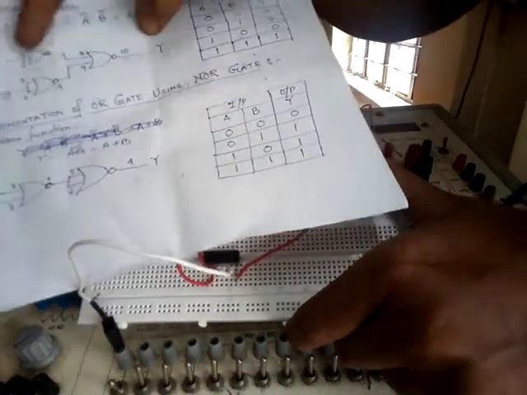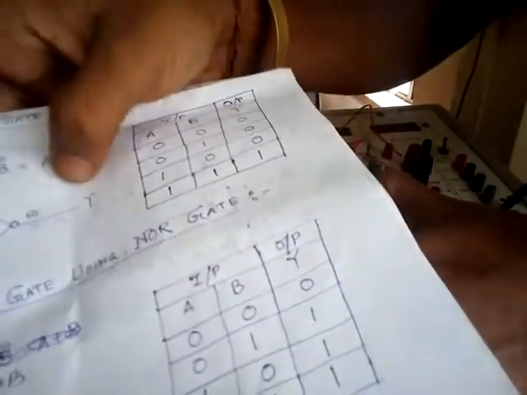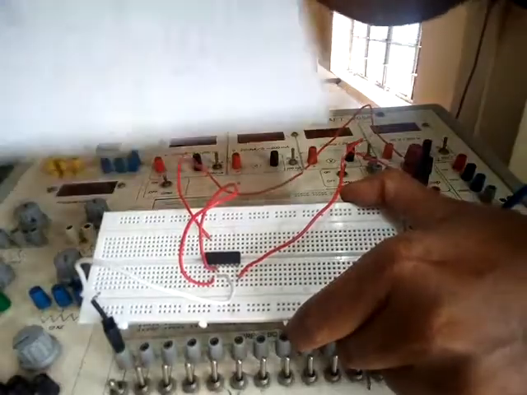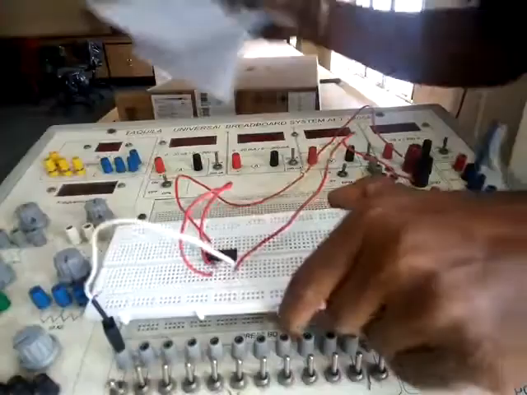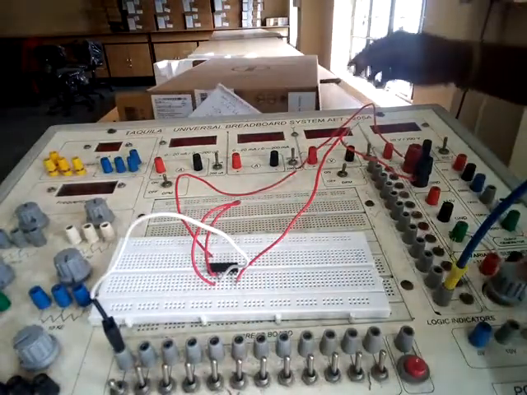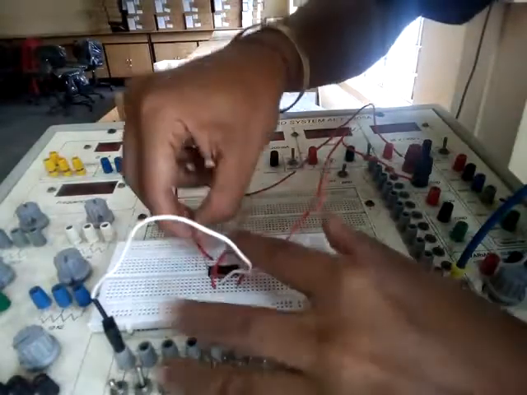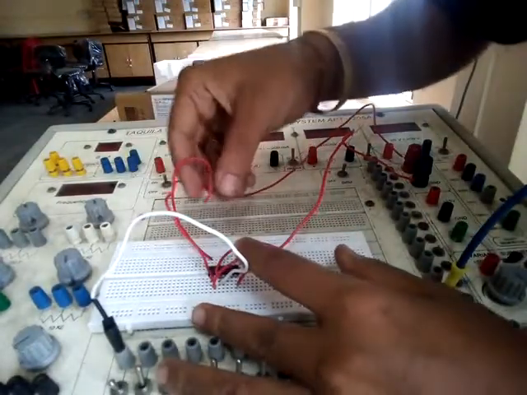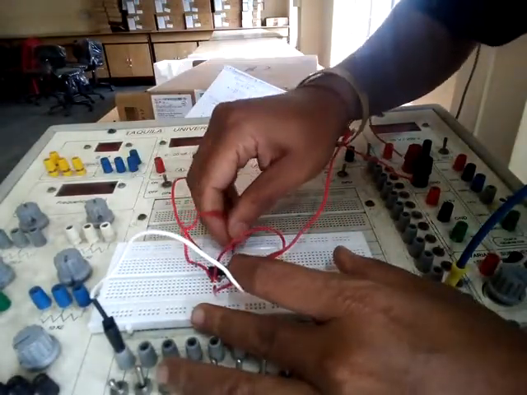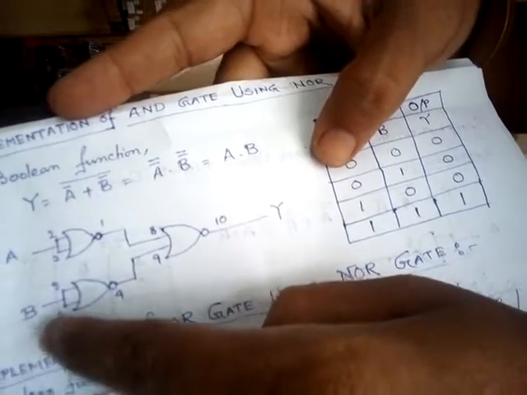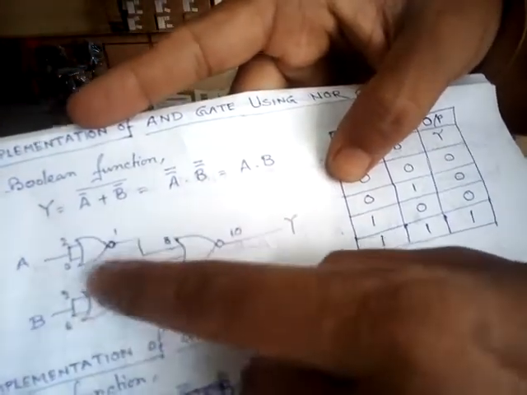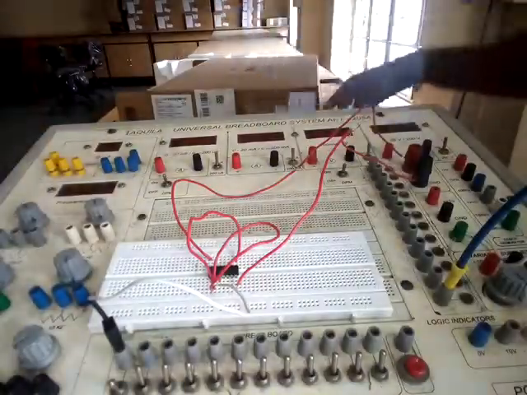Pins 2 and 3 are shorted, and 1 and 8 are also shorted. So we have to connect 1 and 8. Then as per the circuit, the second input is connected to pin number 5 or 6, and 5 and 6 are shorted.